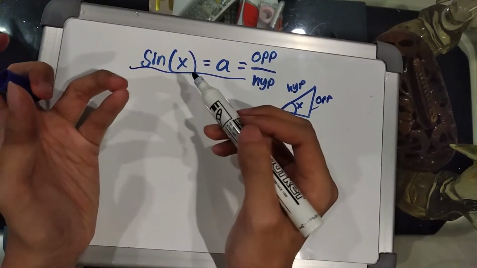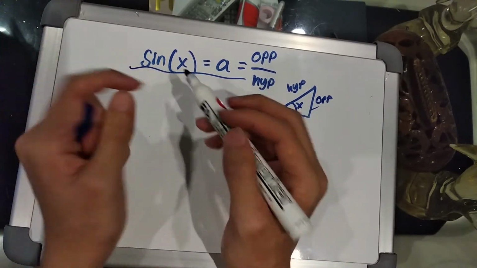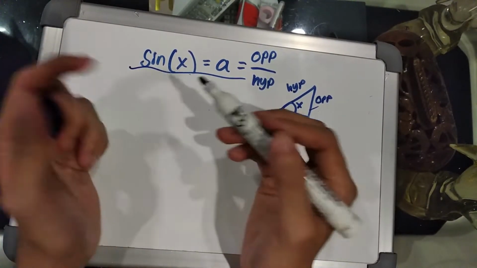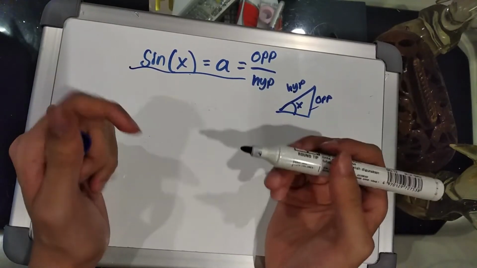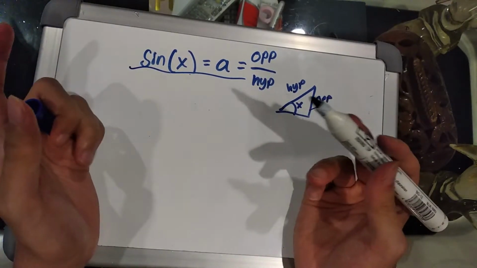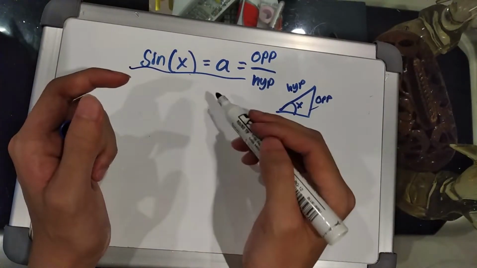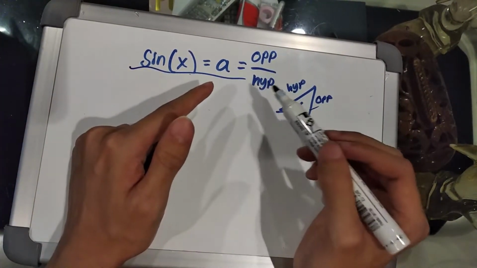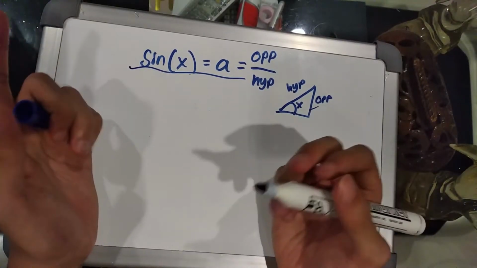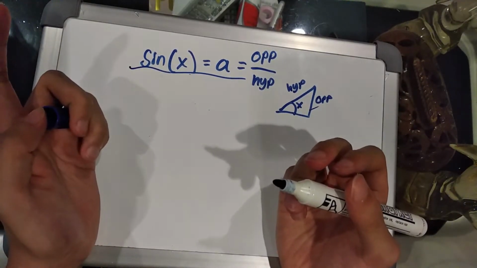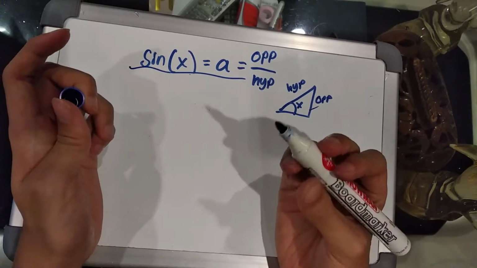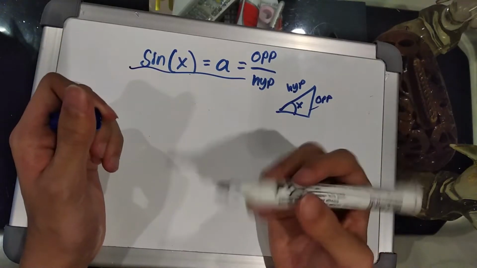Well, what this means is that you're able to put an angle into x, let's say pi or pi half, whatever angle it might be, expressed in terms of pi radians. And what you're going to get is a, which is a number.